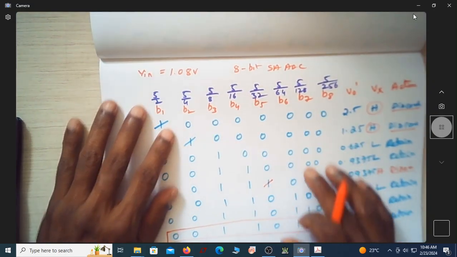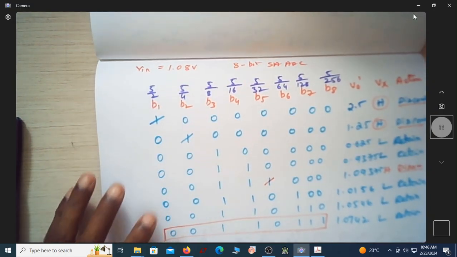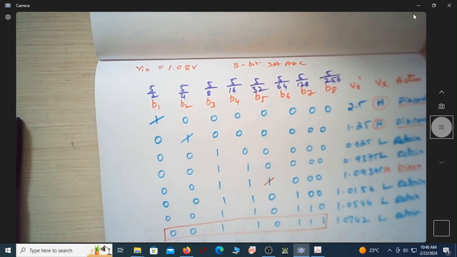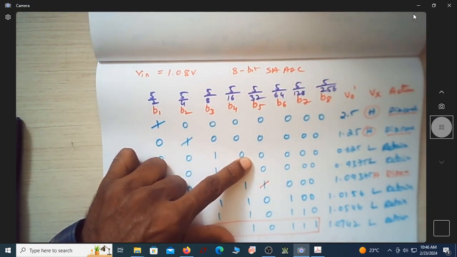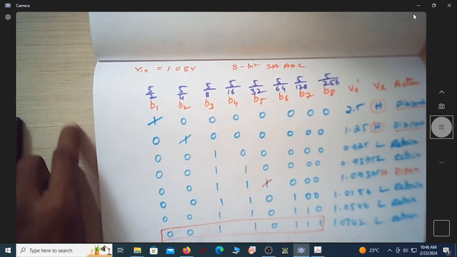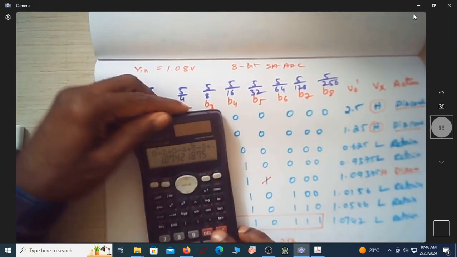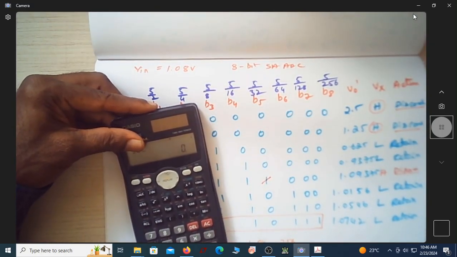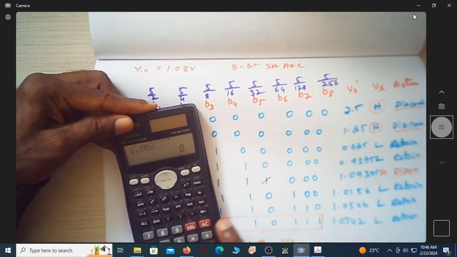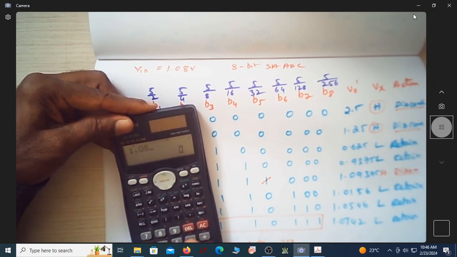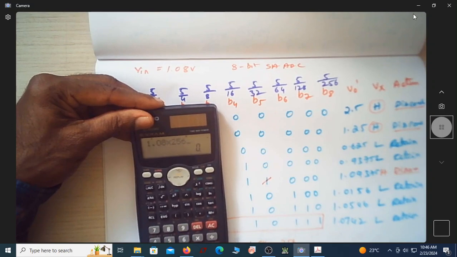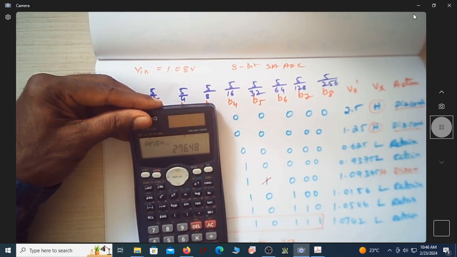So just for verification, let us find out how many LSBs this 1.08 corresponds to. So this is 1.08 into 256 divided by 5 will be the number of LSBs. Okay, let me just find out. So it is 1.08 into 256 divided by 5.